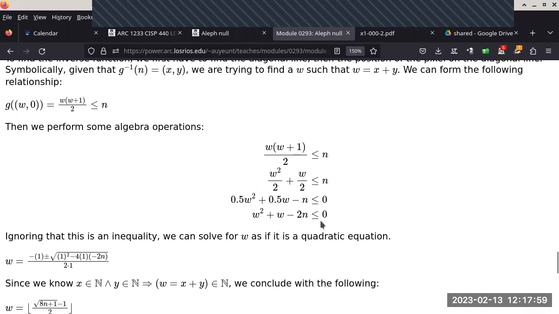But to turn this inequality into an equality, we solve it as if it is an equality, and then put some constraints on the solution of the quadratic equation, basically just to look at the floor function of the root that is non-negative. That would be the trickiest part of the entire thing. The rest is somewhat just algebra. All right. No questions about this one? All right.